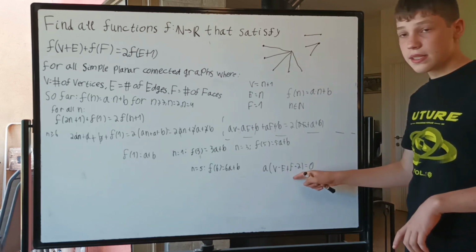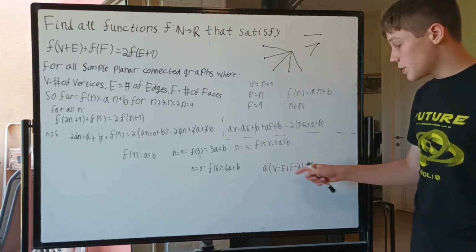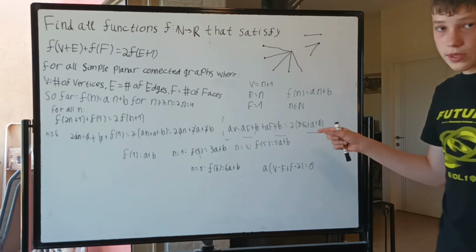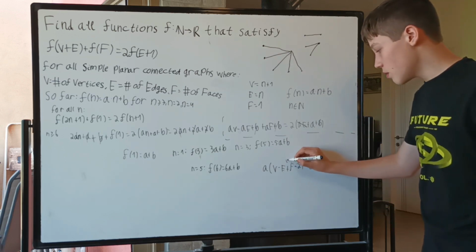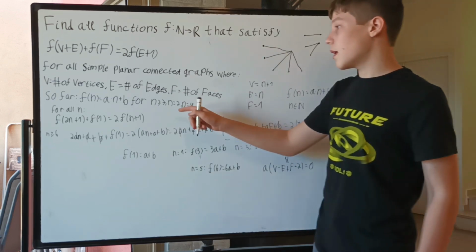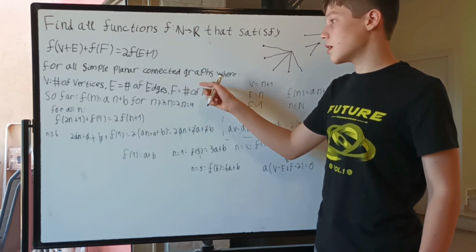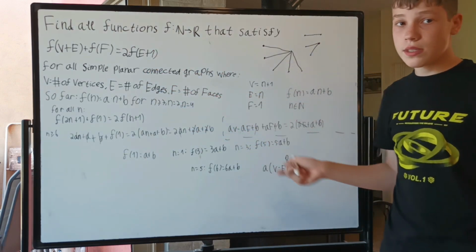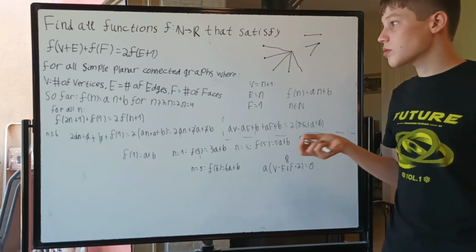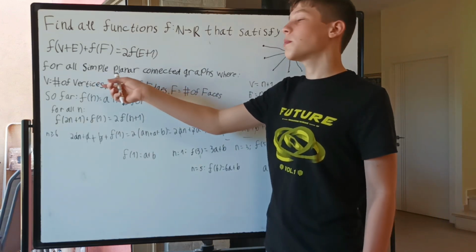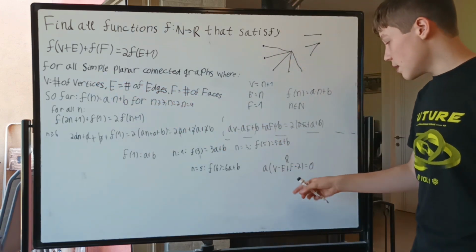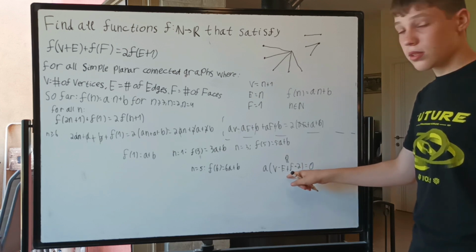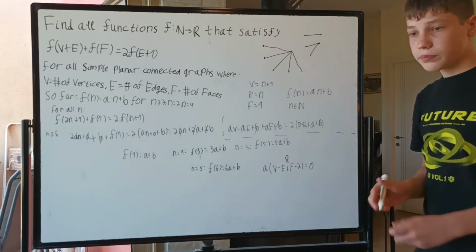V minus E plus F is equal to 2. So V minus E plus F minus 2 is always equal to 0 for any planar connected graph. This is true. So also namely in our case for any simple planar connected graph, meaning that this is always 0.